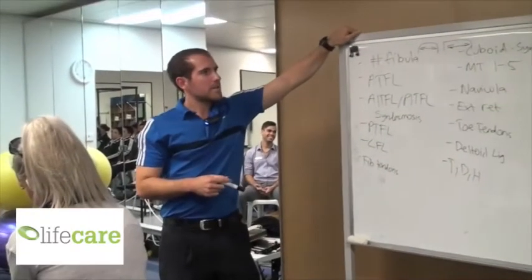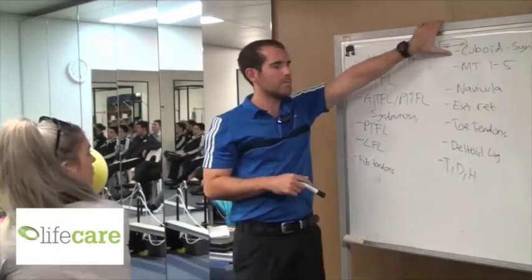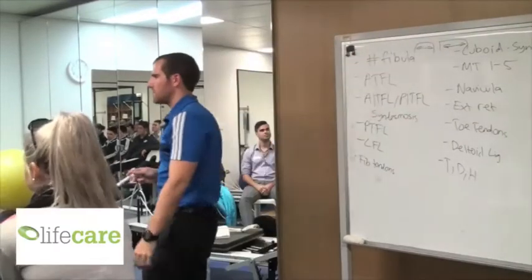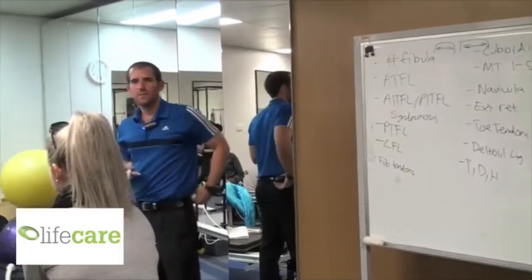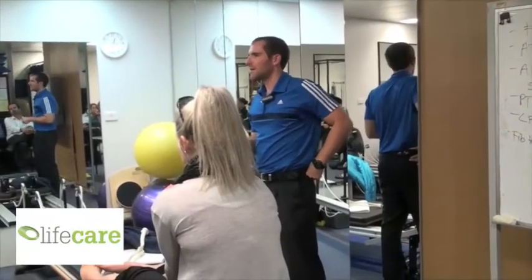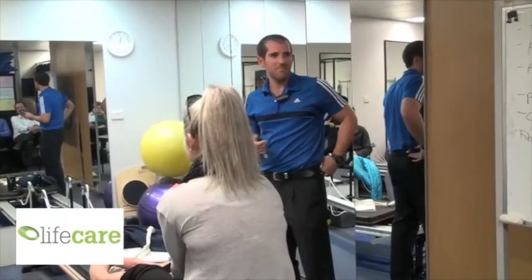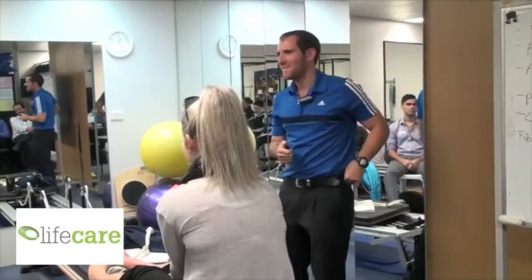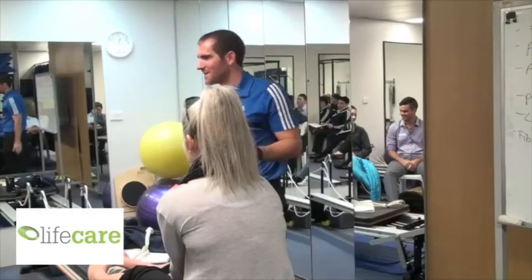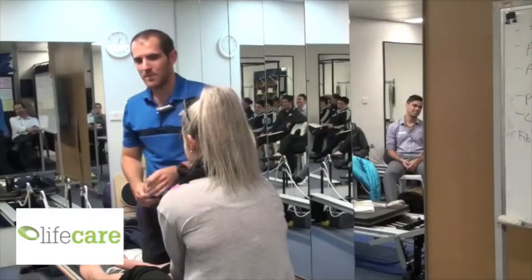All right. So if we go then to cuboid syndrome. Symptoms of that? Anyone? What do you reckon about pain around the cuboid? Yeah, sweet. So cuboid, where is it? All right, don't worry, I won't ask any more questions.